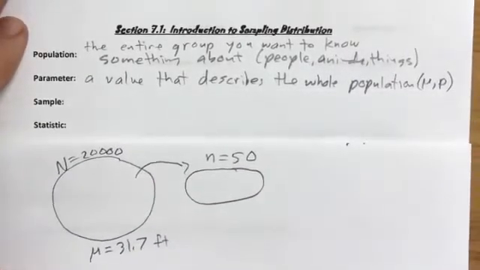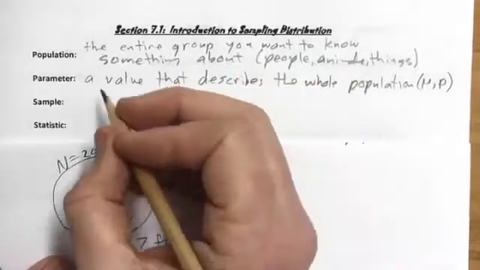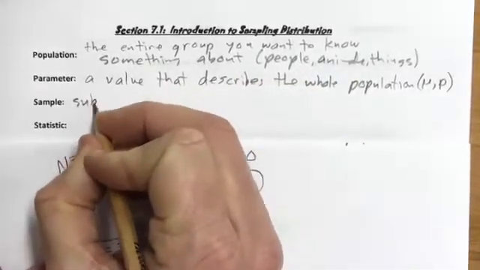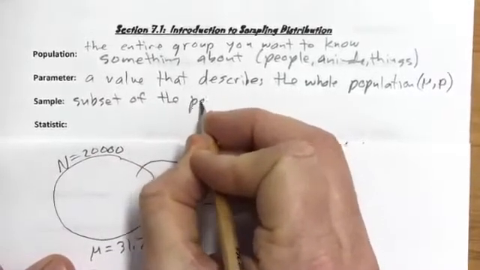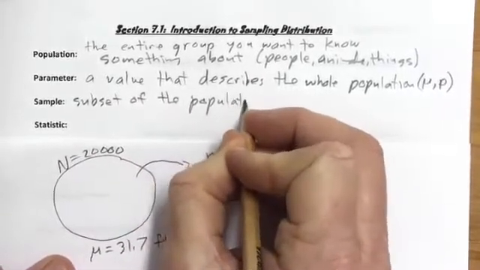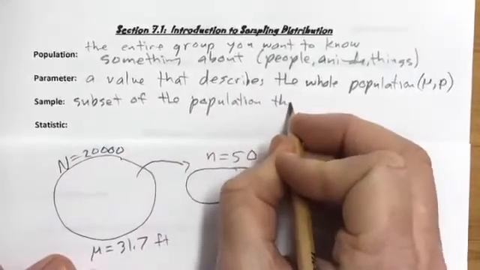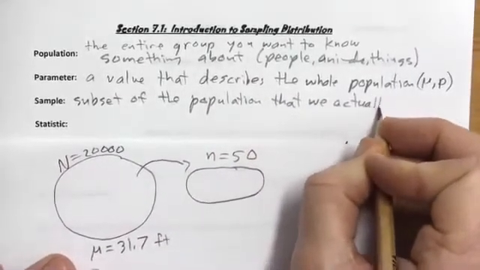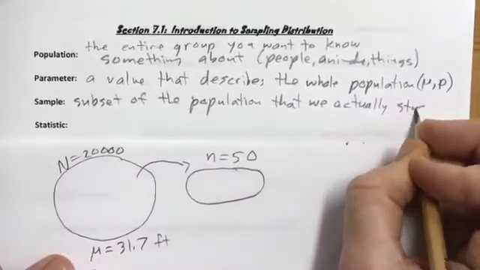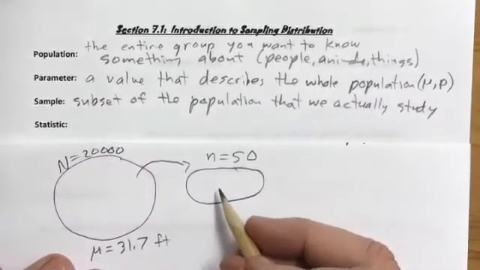Our sample is just a subset of the population that we actually study, we actually measure. And we come up with a sample mean.